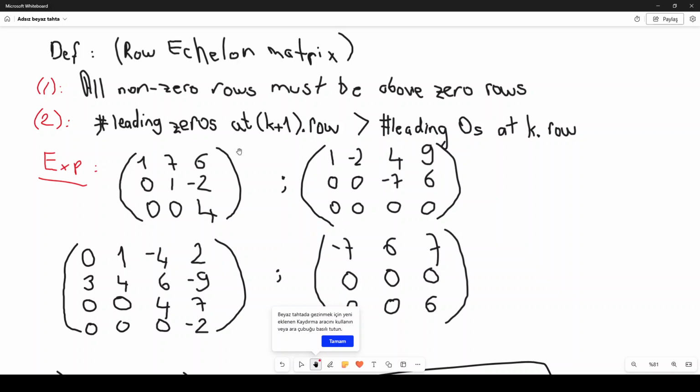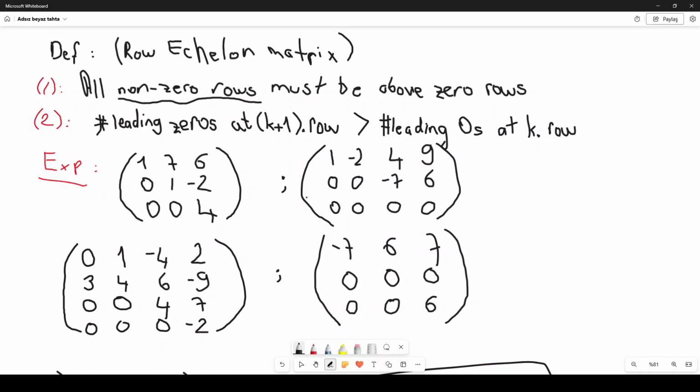What are these properties? First, all non-zero rows must be above zero rows. By the way, a non-zero row is a row in a matrix where at least one of its entries is not equal to 0.